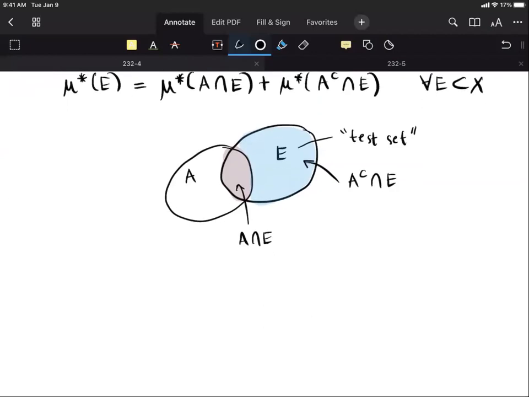Let us denote the set of all mu star measurable sets by sigma of mu star. This notation sigma will be clear later. So this is the collection of all subsets A of X wherein A is mu star measurable.